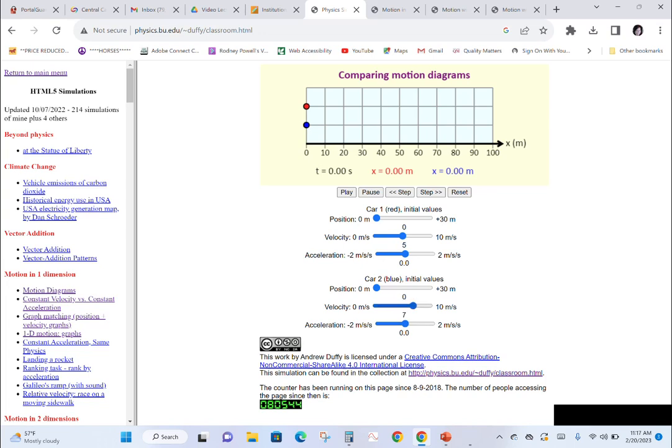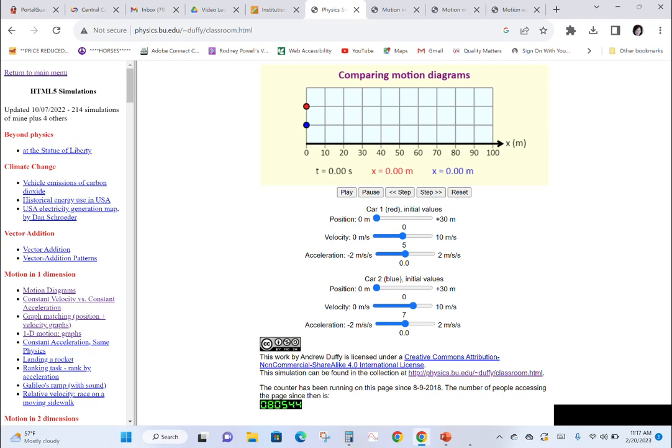I am just going to give the blue car some speed. Okay, so it's a speed of 7. So what that means is that every second it's going to increase its distance by 7 meters. So imagine that this car has an oil leak, and as it moves during the next 100 seconds, it's going to drop a drop of oil every second.